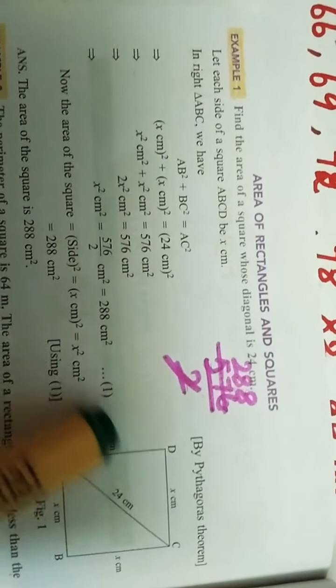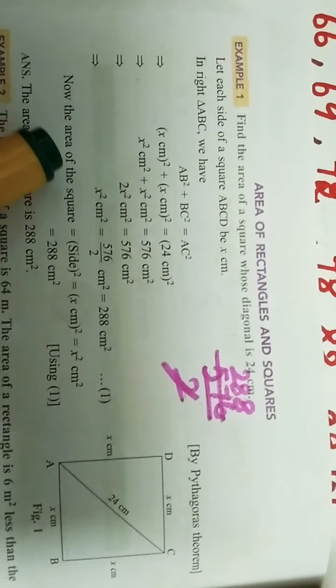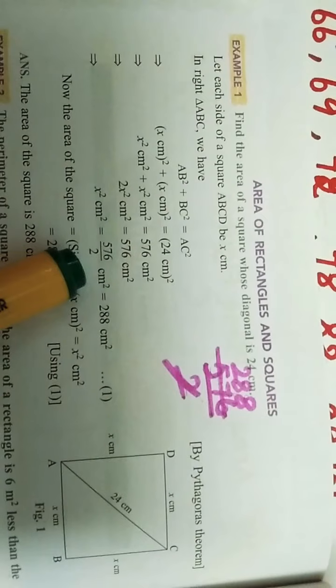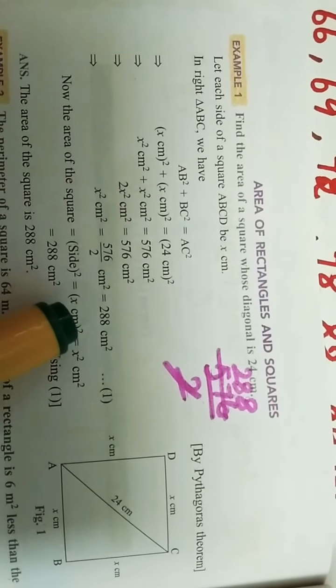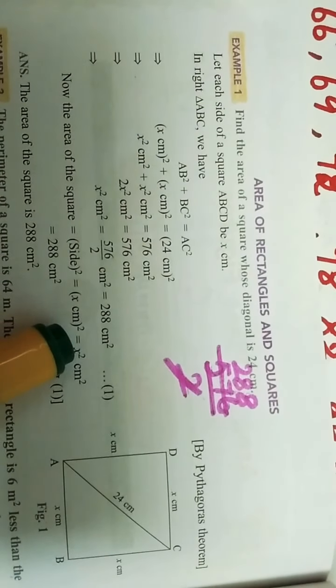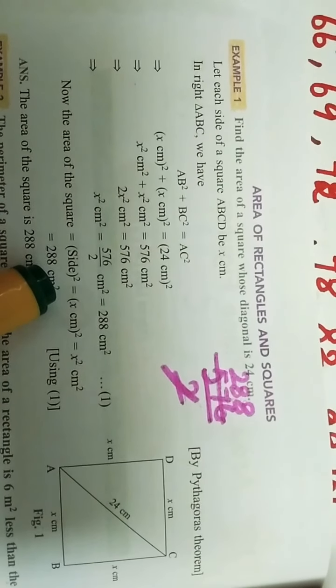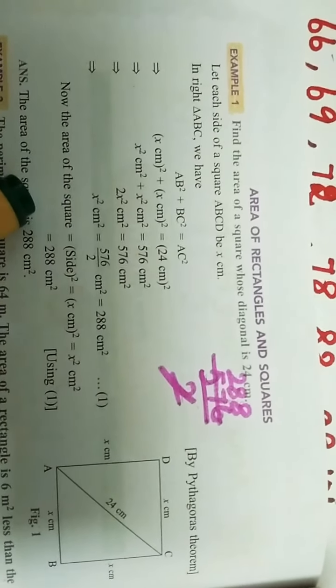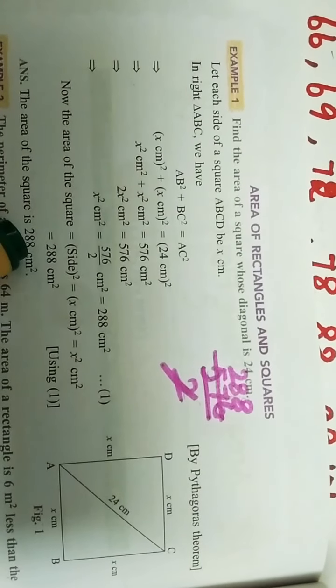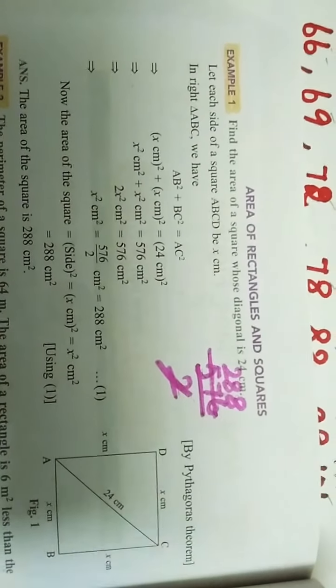This is equation number 1. Now, the area of the square equal to side square, x square, equal to 288 centimeter square. The area of the square is 288 centimeter square.